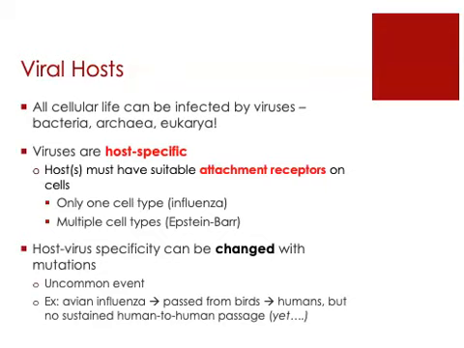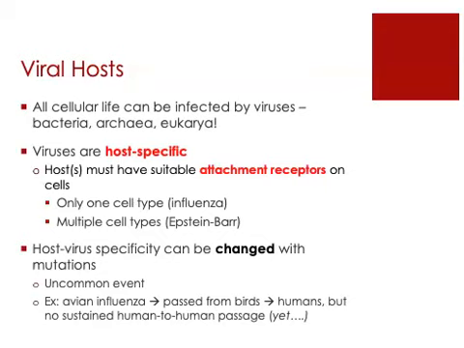So the host was the bat. A mutation event then caused a change in host specificity so that this particular coronavirus is now able to infect human cells. That's an uncommon event, a host-to-host jump. And that's good for you and I. That means that these kinds of pandemics don't occur very often.